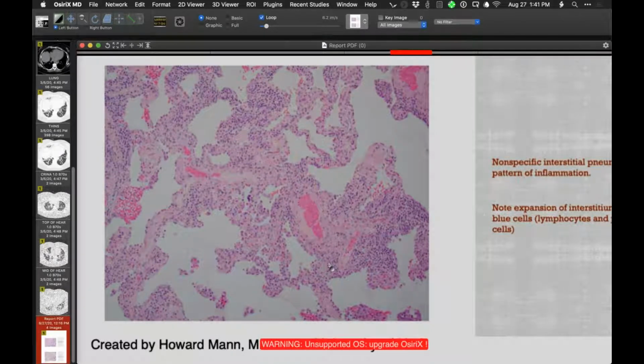Howard, did they look for IgG4, did they stain for that? No, no. I think the pathologist recognized this pattern. I'm not a pathologist, but even I recognize that this is pretty typical for the so-called cellular NSIP pattern up there. So no, they didn't do that.